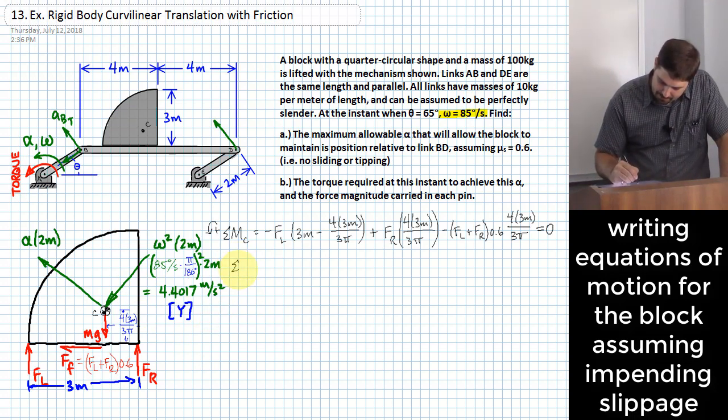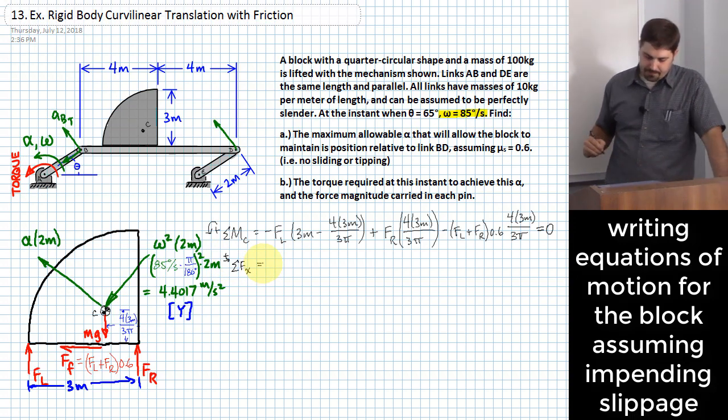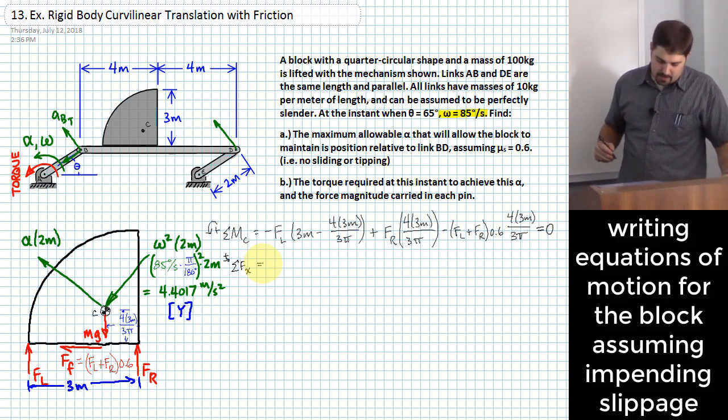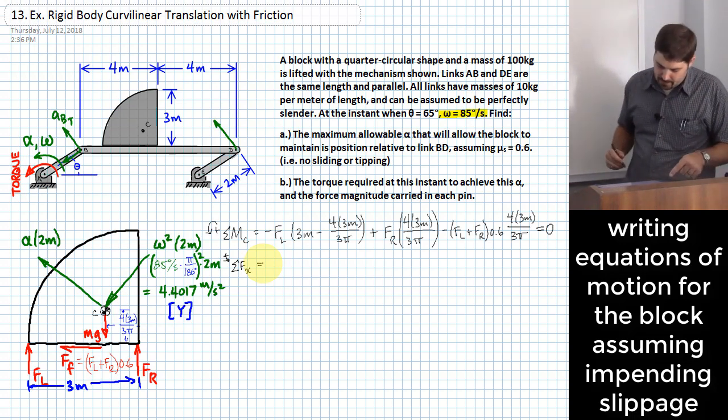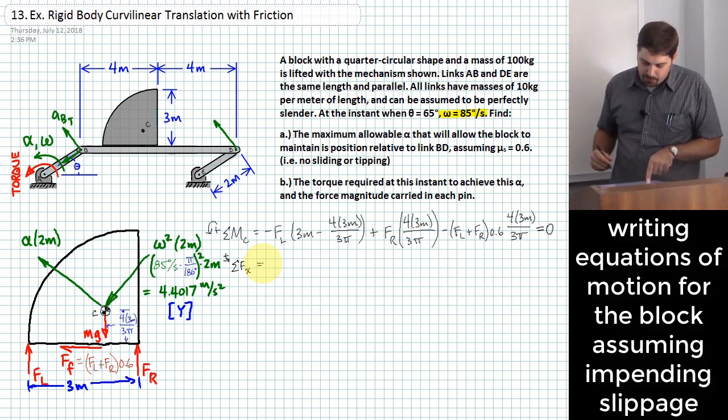Let me sum forces here. Maybe I'll start in the x direction. In the x direction, I have a leftward force of FL plus FR times 0.6, right?